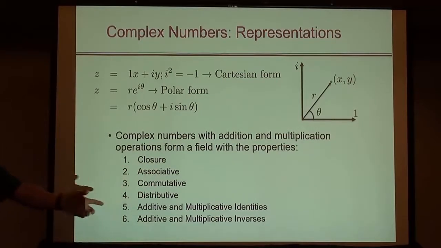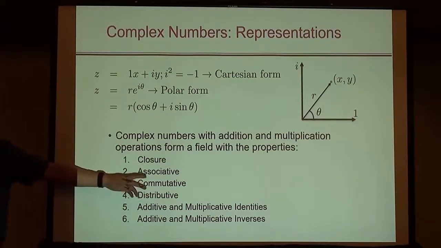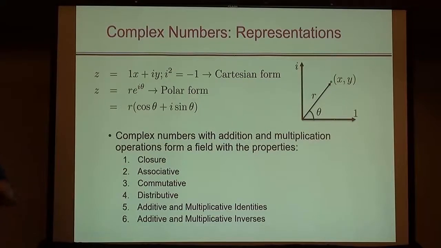Commutative is when you multiply them: which one you put first, which next, doesn't affect the result. Distributive is sort of a combination of these two. If you have a scalar, you can multiply through if you have multiple complex numbers.